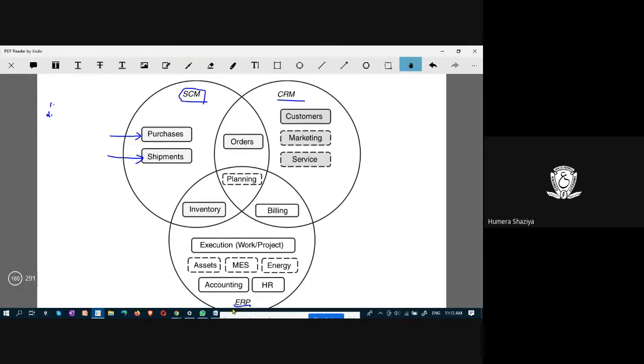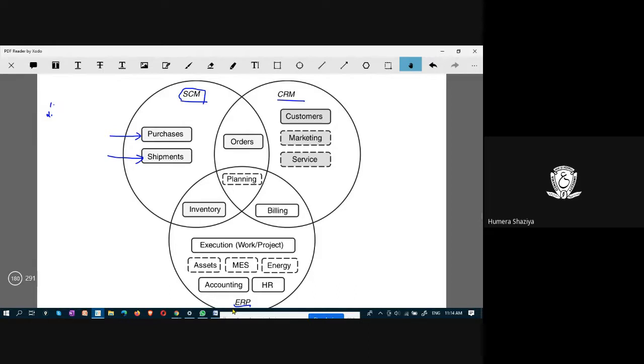When an enterprise does marketing, most of the time customers get to know about the product, and therefore the enterprise is providing a service to the customer, right? So it's some form of service.